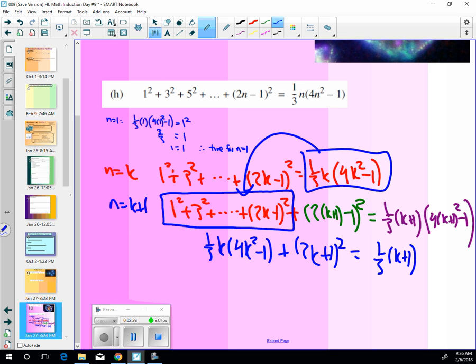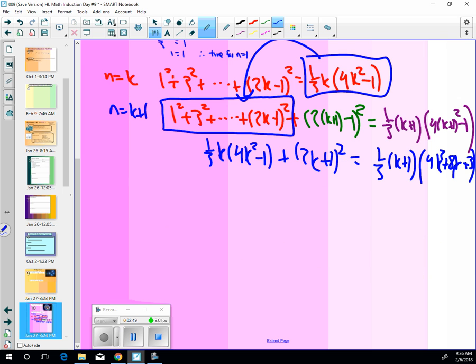Yuck. That's 4, let's see, 4k squared plus 8k plus 4 minus 1, right? Plus 4 minus 1 is plus 3. That's what it should look like.